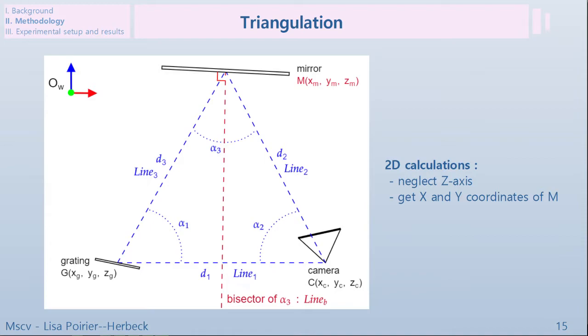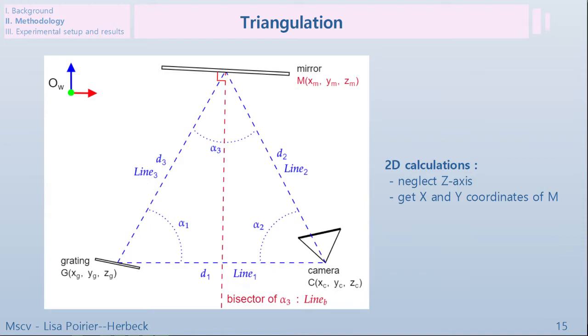Then here goes the calculation. First, knowing the position of the grating and the camera, we are able to calculate the D1 equation and the L1 distance between those two objects. Then knowing the hue value captured by the camera, we are able to define the D2 and D3 in line 2 and line 3.